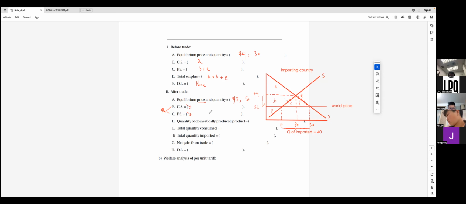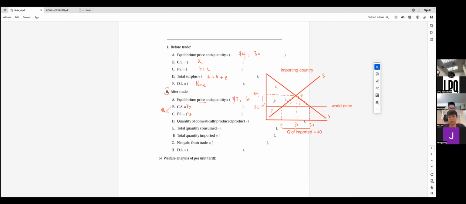Can you repeat the question? Just question number 2 here, B. Where is the consumer surplus after we do international trade? C and D, only C and D.